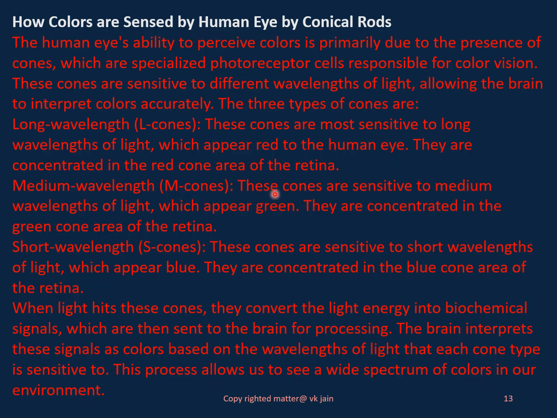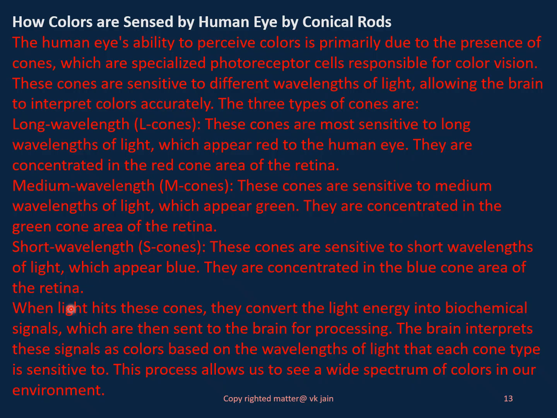These cones are sensitive to medium wavelengths of light, which appear green. These are concentrated in the green cone area of the retina. And the short wavelength S cones. These cones are sensitive to short wavelengths of light, which appear blue. These are concentrated in the blue cone area of the retina.